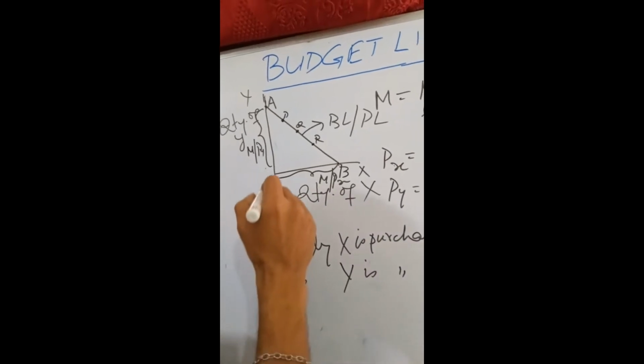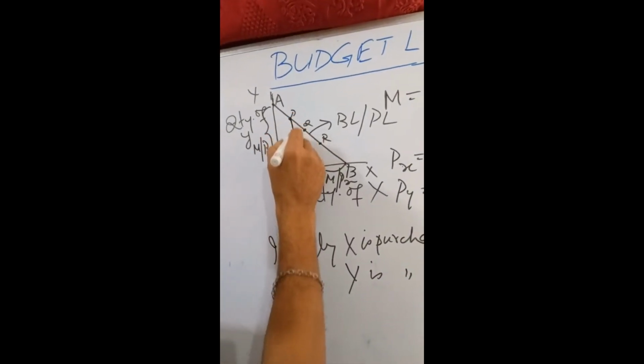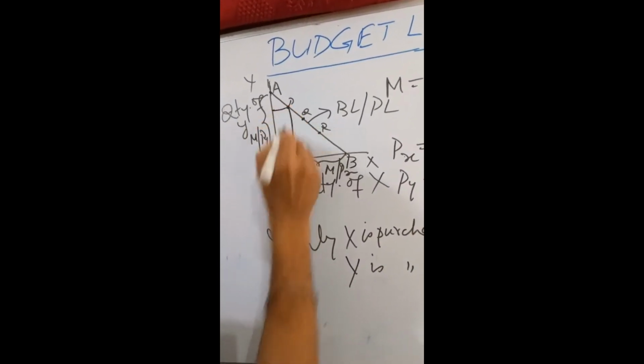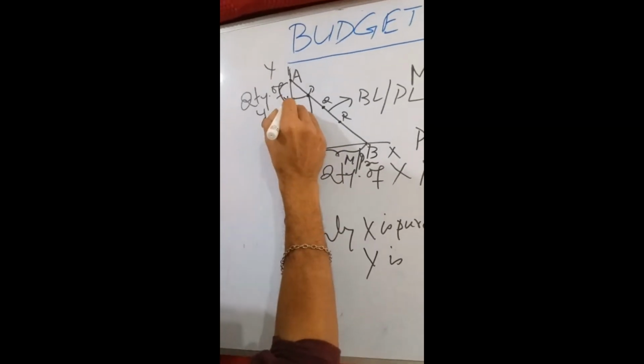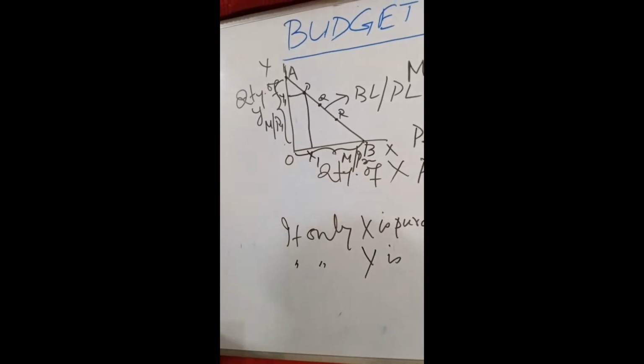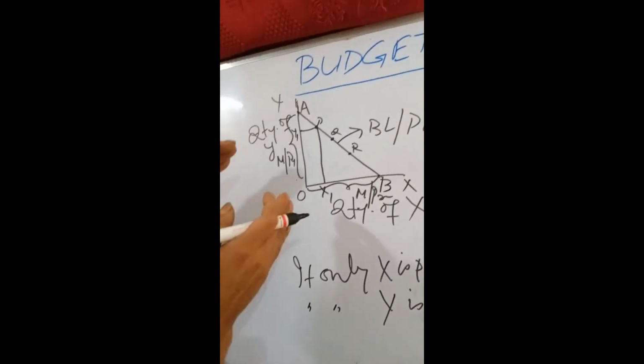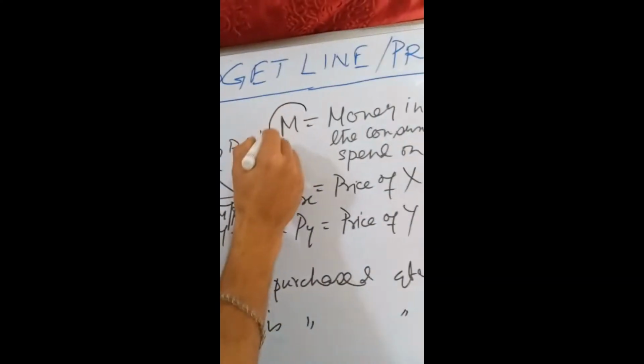If the consumer is at point P, he consumes this much of X, say X1, and this much of Y, it is Y1. And his total expense is M because he is spending the full money.